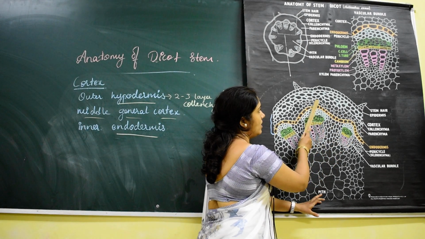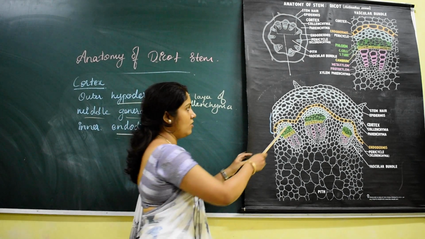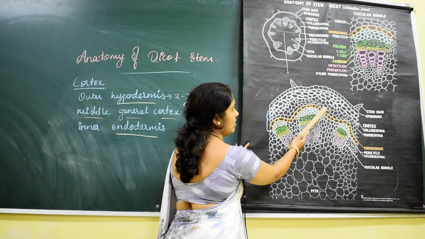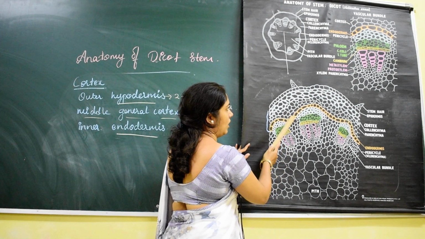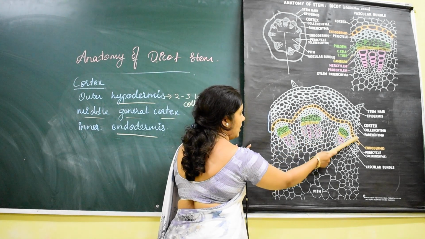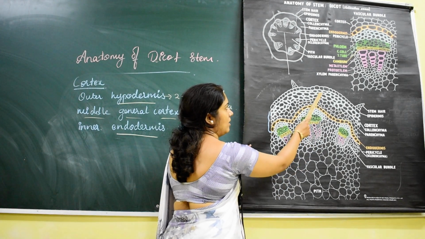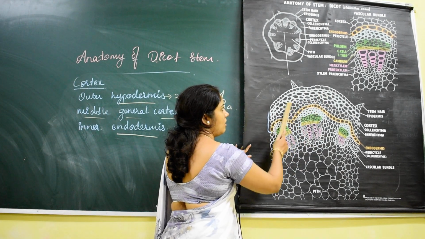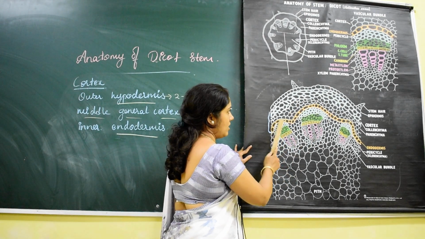The general cortex here is made up of parenchyma cells, which are loosely arranged. You can see the intercellular space between the cells. Whatever this yellow line is, above it the cells have a thick cell wall, so that is collenchyma, whereas below it the cells are loosely arranged. Next, the general cortex is this layer.